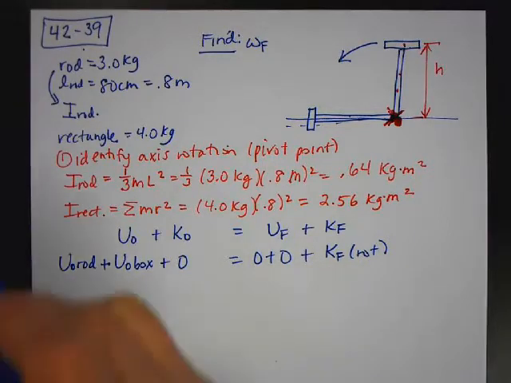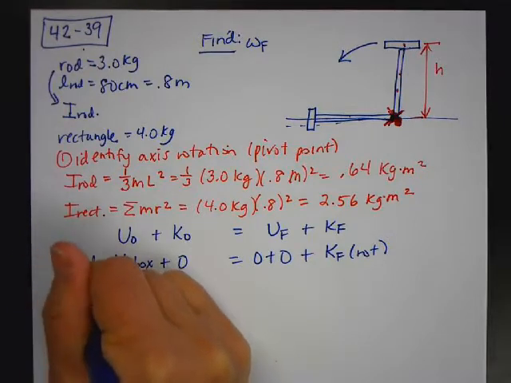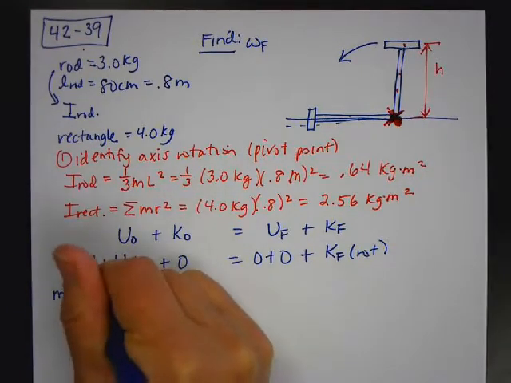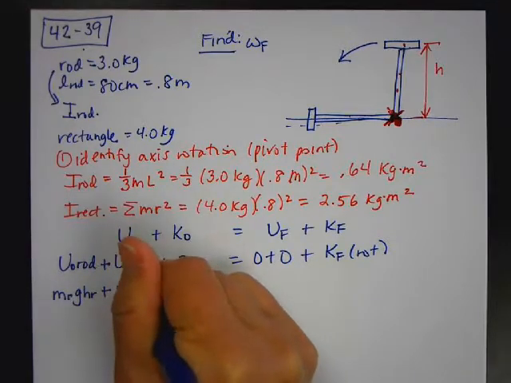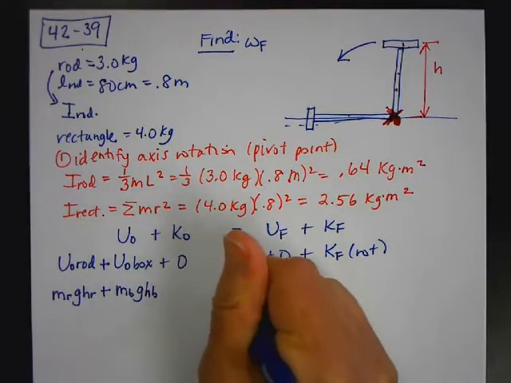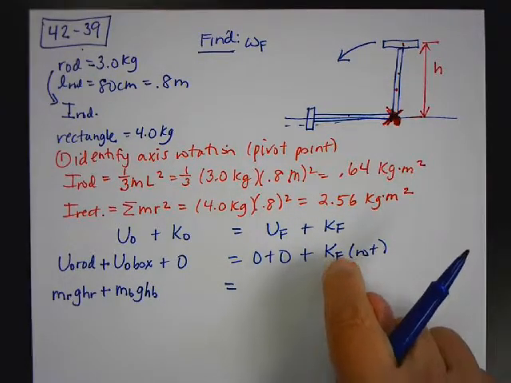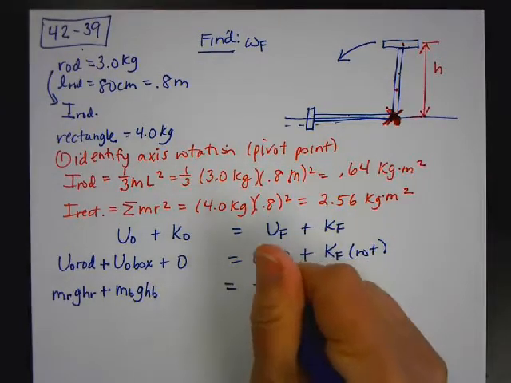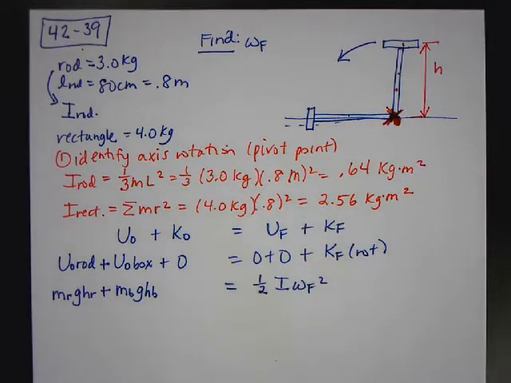So let's look here. This would be the mass of the rod times gravity times the height of the rod, plus the mass of the box times gravity times the height of the box, is equal to, and the equation for rotational kinetic energy is 1/2 I omega F squared.